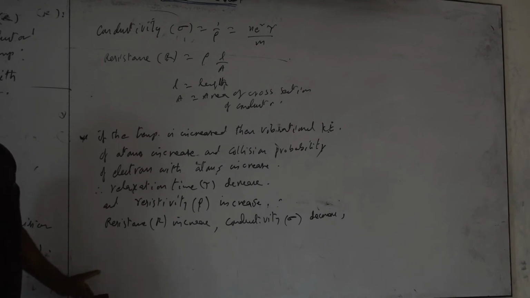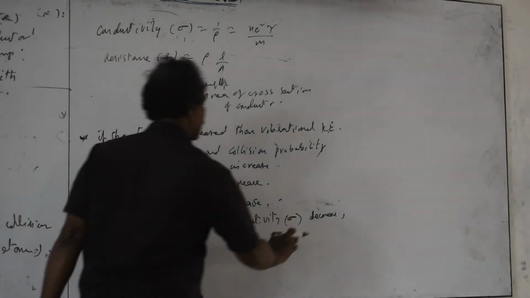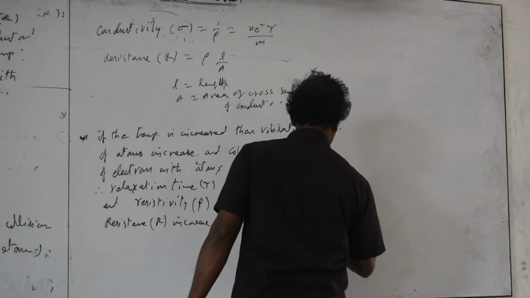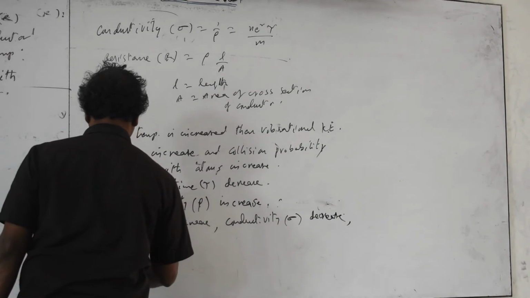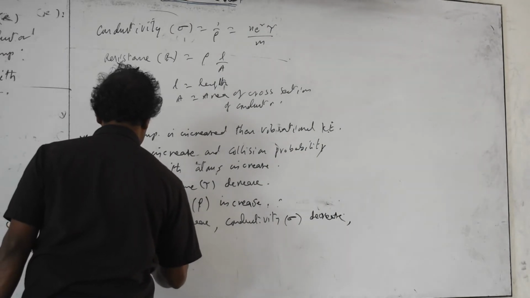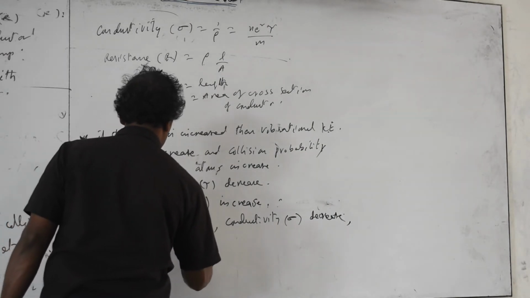If they ask you for conductance, resistance increases means conductance decreases. Conductance G equal to 1 by R decreases.